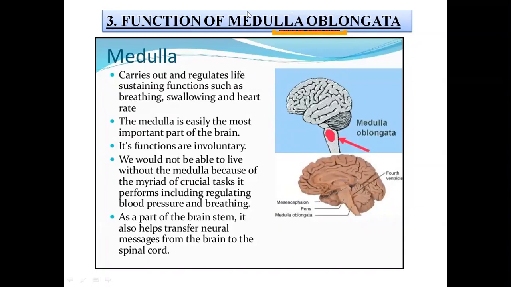Now it carries out and regulates many life-sustaining activities like the breathing, the swallowing, the heartbeat. All these involuntary activities are entirely coordinated by the medulla oblongata. It is easily the most important part of the brain, and its functions are involuntary.